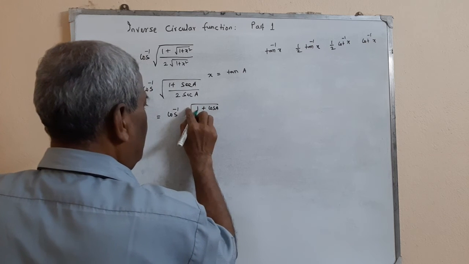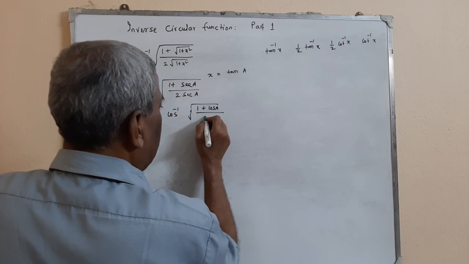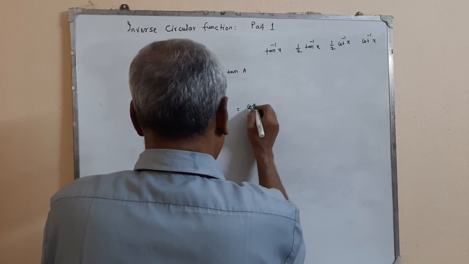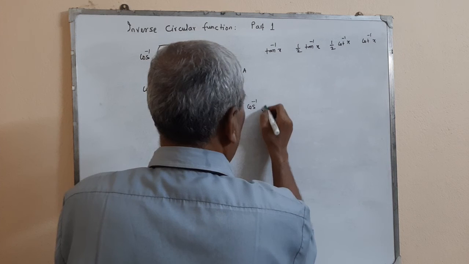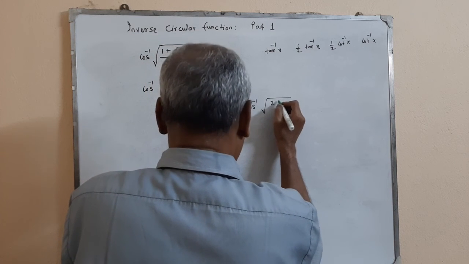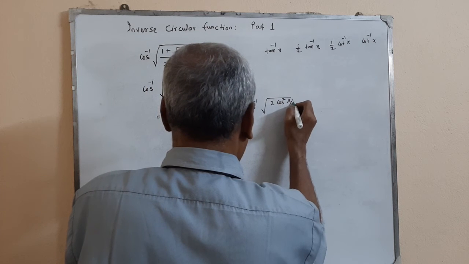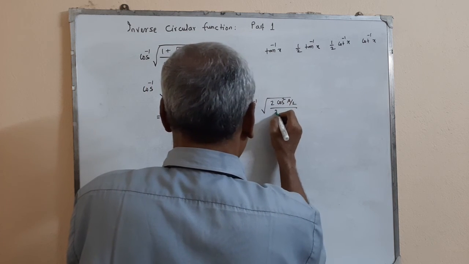So it is equal to cos inverse root over of 2 cos square A by 2, divided by 2.